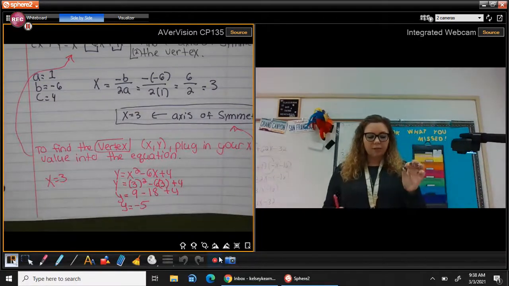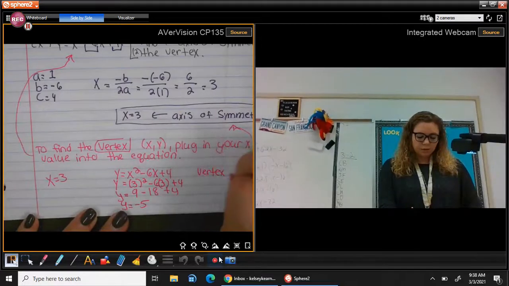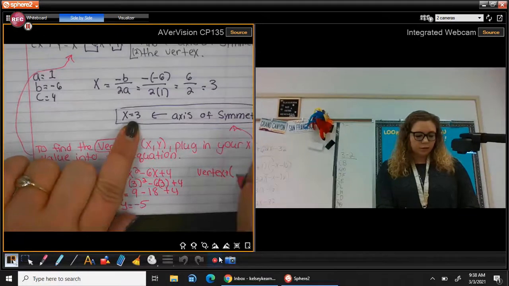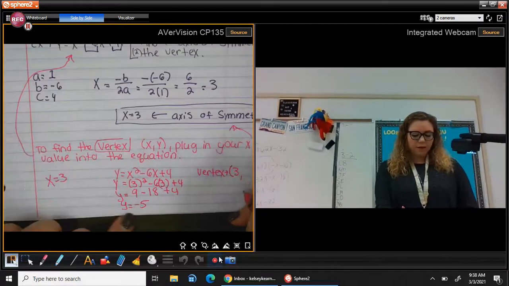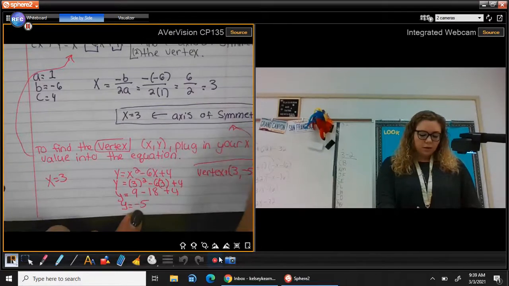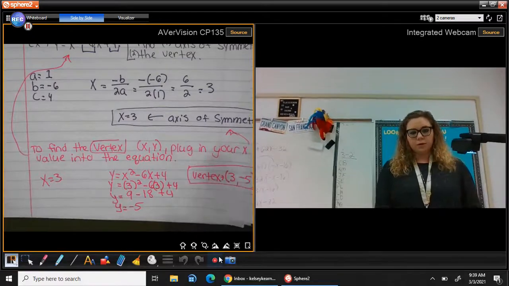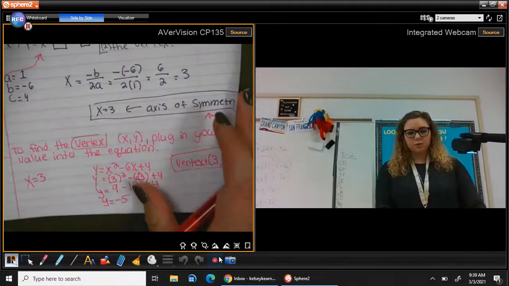So I'm going to have an x value and a y value. So my vortex, okay, that is going to be my x value, which is 3, and then the y value that we just found is negative 5. Okay, and so this would be my vortex. Okay, it would be that point.